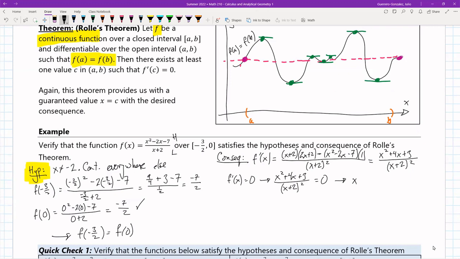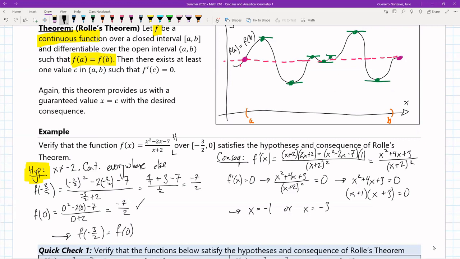So x squared plus 4x plus 3 must equal 0. If you remember how to factor this out, this is going to be x plus 1 times x plus 3 equals 0. So therefore, x has to be equal to -1, or x has to be equal to -3. Got it?